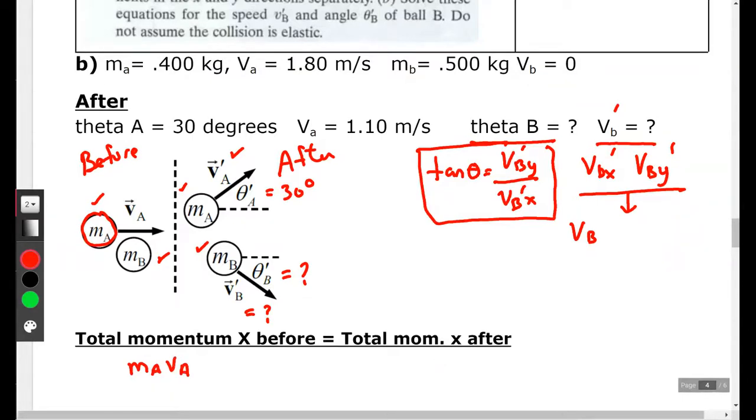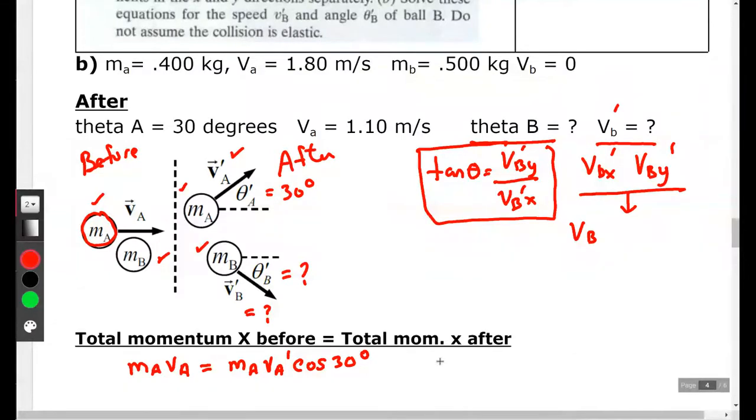After the collision, we have VA prime times not sine but cosine, with the angle they gave me as 30.